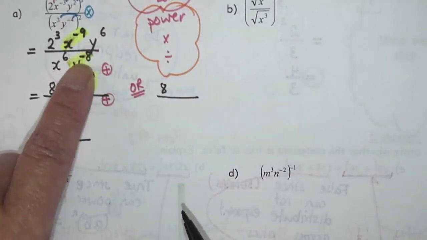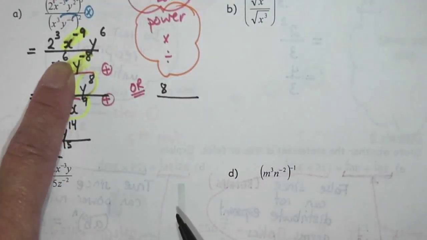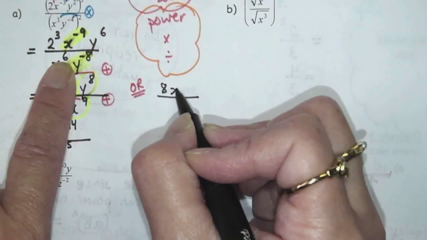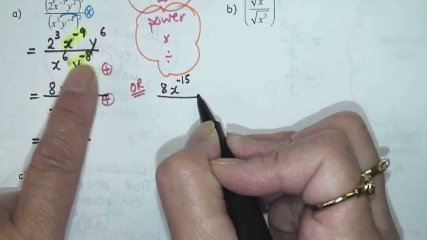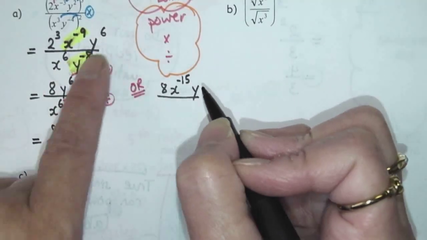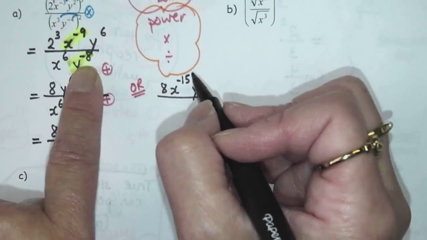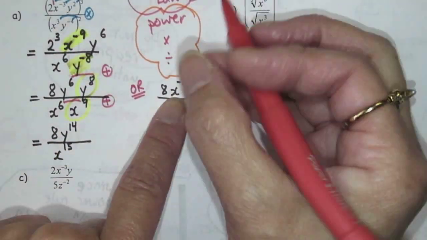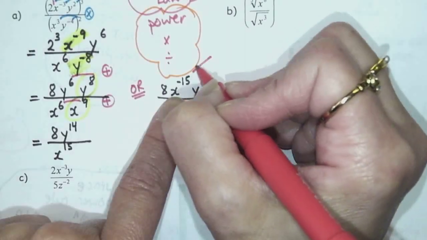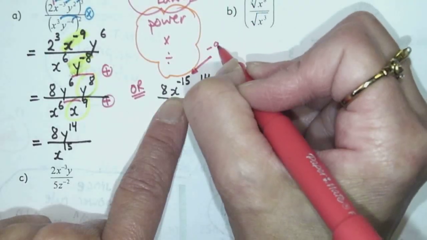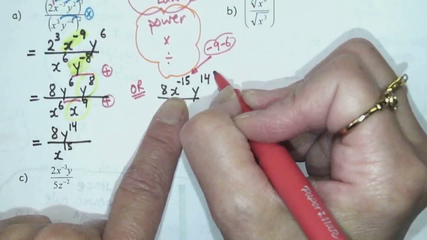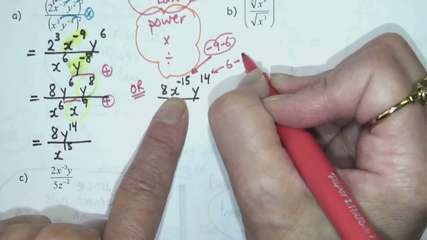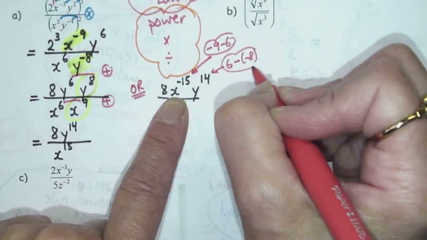But if I go -9 minus 6, I would get x to the -15. And then here, I go 6 minus -8, that would be 14. So this is subtraction. This one I did -9 minus 6, and this one I did 6 minus -8.